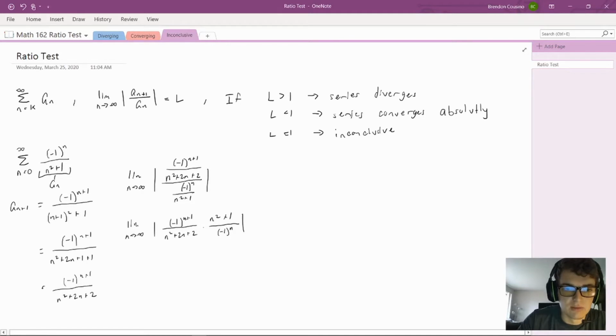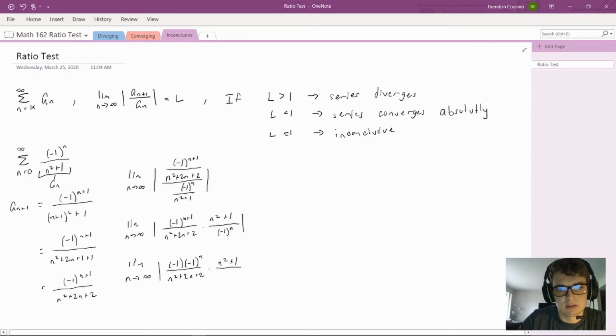Now we're going to simplify this negative 1 to the n plus 1. When we pull out that 1, it's a negative 1 to the first power multiplied by negative 1 to the n, divided by n squared plus 2n plus 2, multiplied by n squared plus 1 over negative 1 to the n. Nothing happens to this term.